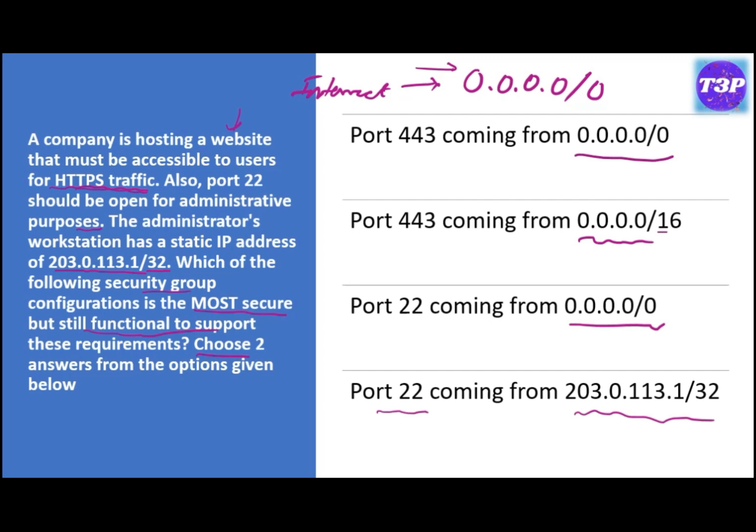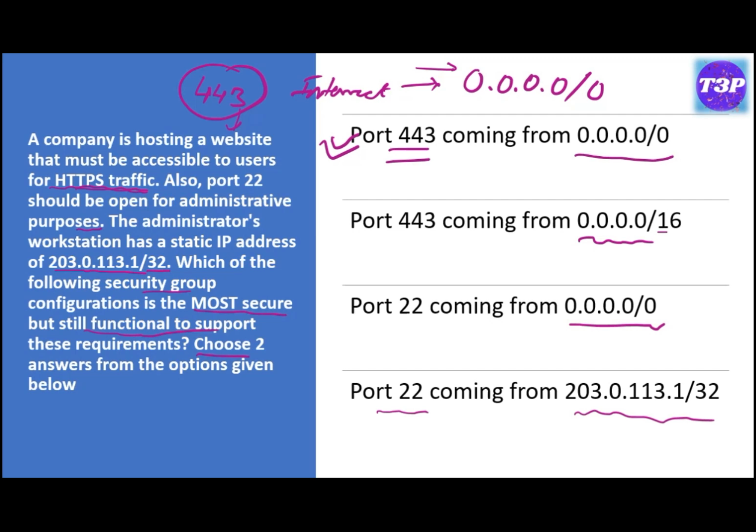So the thing is, when we are talking about the HTTPS traffic, they are talking about port 443. So in this case, we are talking about 443 coming from the internet, that is correct, because that will meet our first requirement. And the other requirement is that it should be accessible through this particular IP on port 22, right?